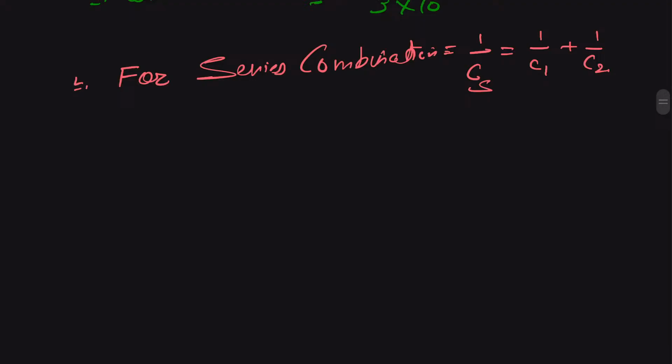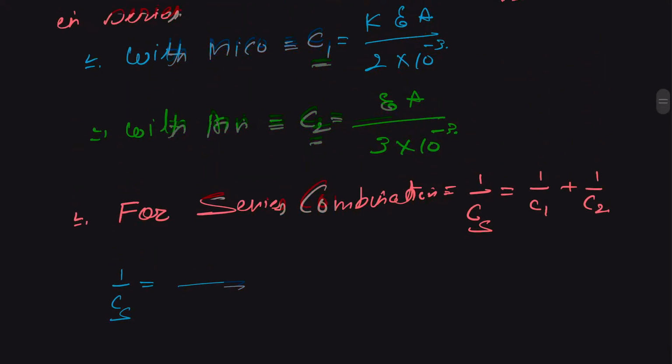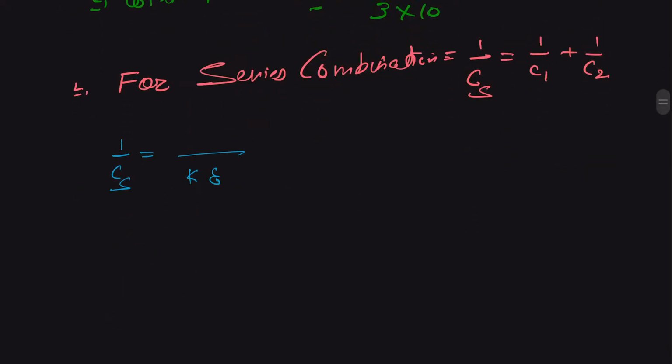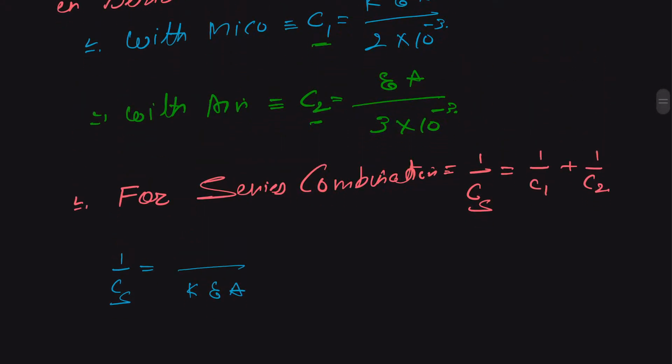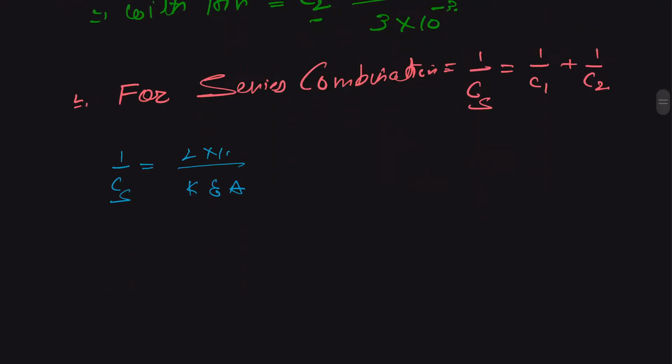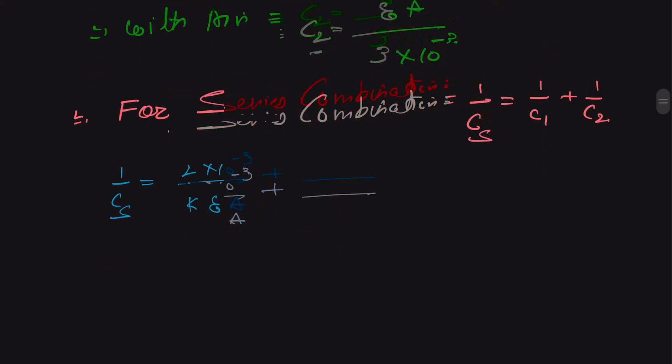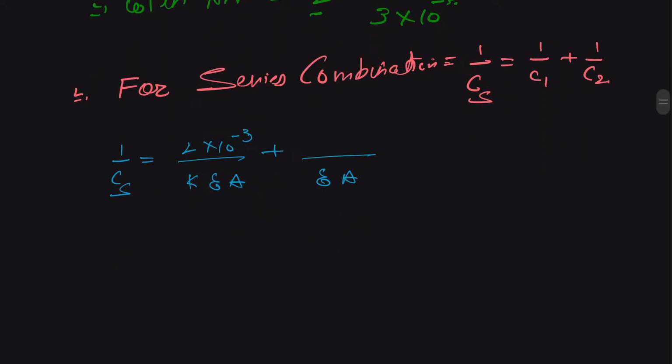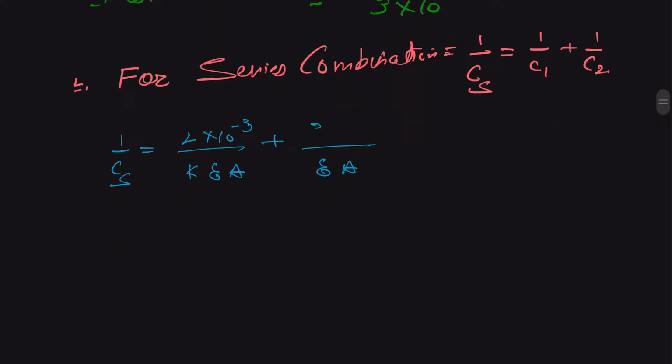We can just simply substitute it, so we get 1 upon Cs will be equal to 2 into 10 to the minus 3 upon K epsilon A, plus C2 is 3 into 10 to the minus 3 upon epsilon A. And we already know the relationship between the two.